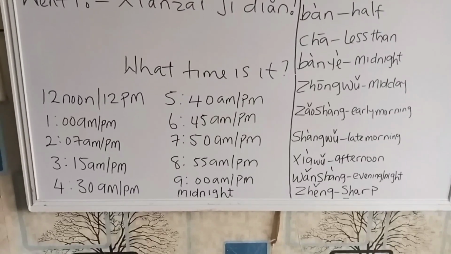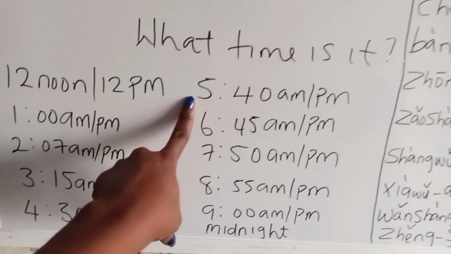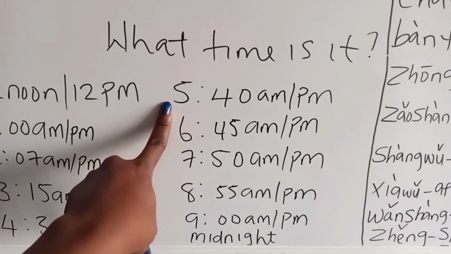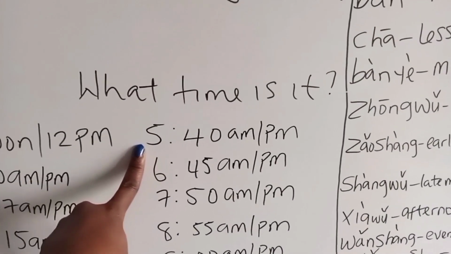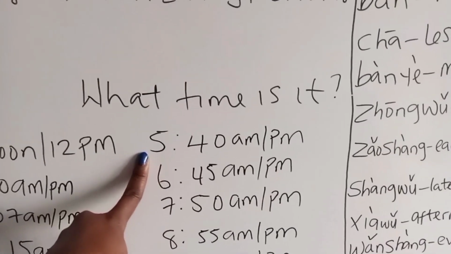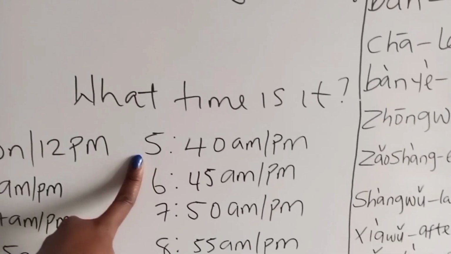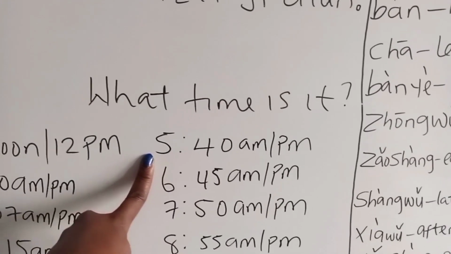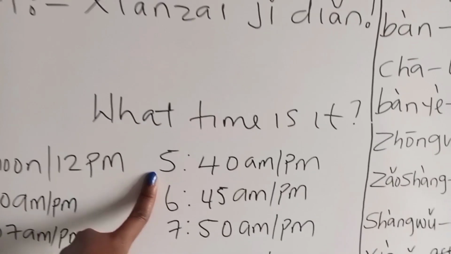I have some more time here for us to tell. And here I have 5:40 a.m. p.m. If you want to say 5:40, 5 is 5, 40 is 40. In English, you can say it is 20 minutes before 6, right? And you can also say it's 5:40. The same way you can say it in Chinese.